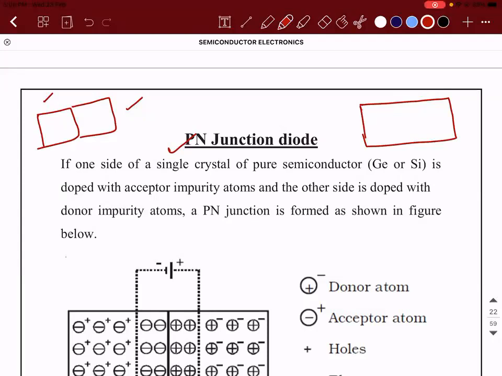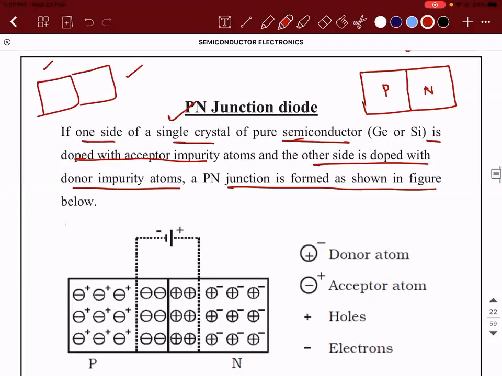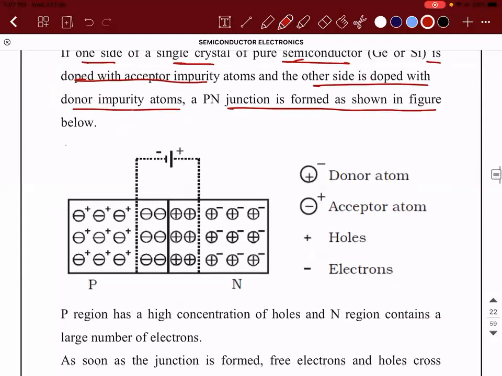But actually, if you take a single crystal of germanium or silicon, and on one side you make it P-type and the other side N-type by doing the right level of doping. If one side of a single crystal of a pure semiconductor is doped with acceptor impurity atoms and the other is doped with donor impurity atoms, then we can say a PN junction is formed.